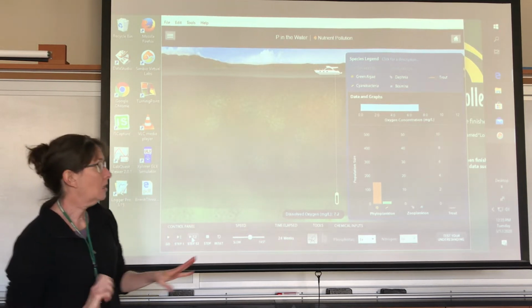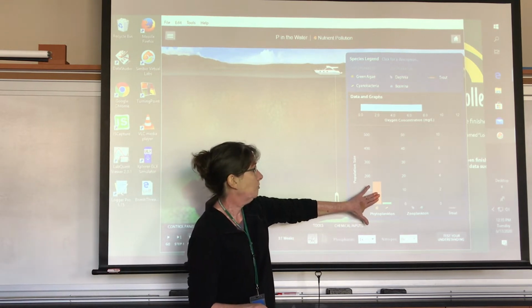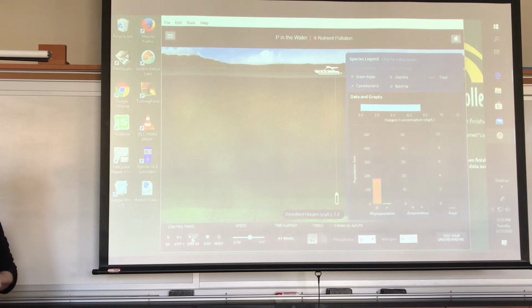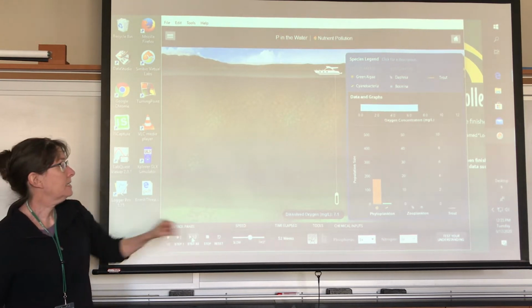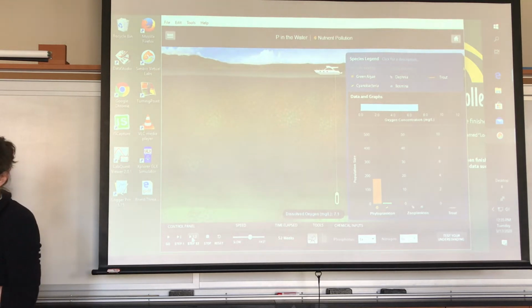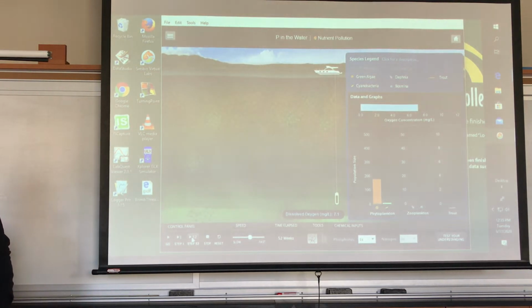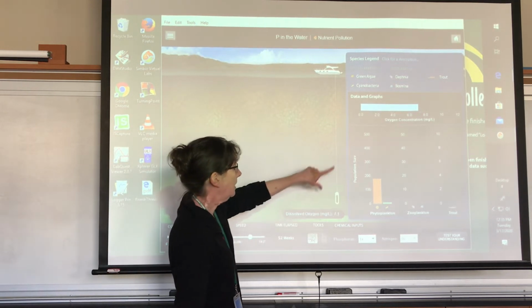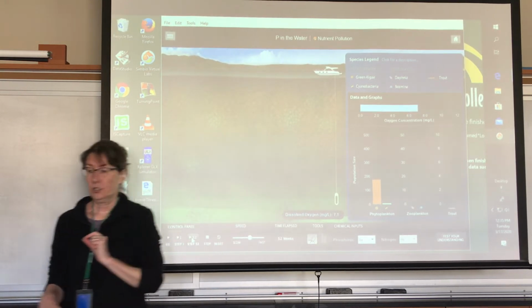All we have in our lake this time are our green algae and our cyanobacteria. It will automatically stop after 52 weeks. You're going to record your green algae population and your dissolved oxygen.